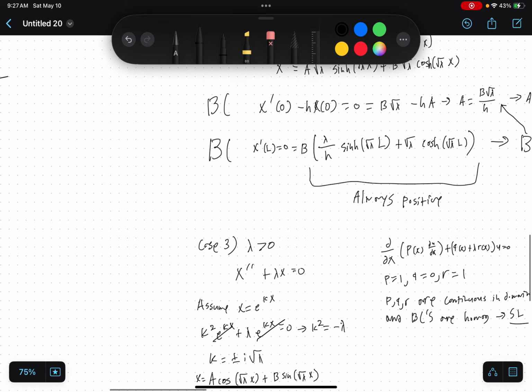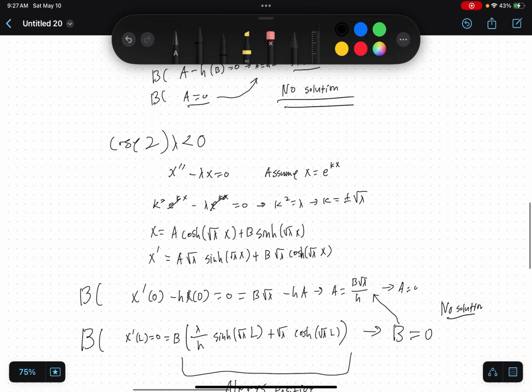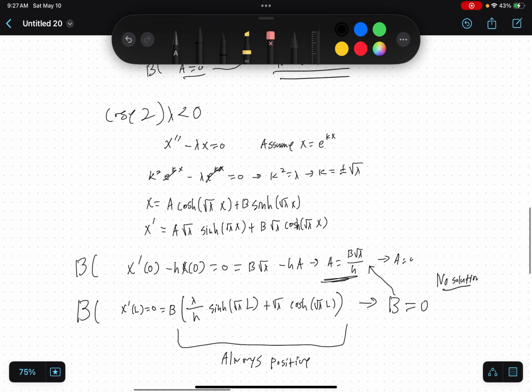This looks very similar to right up there.